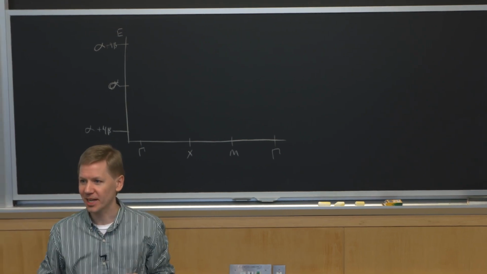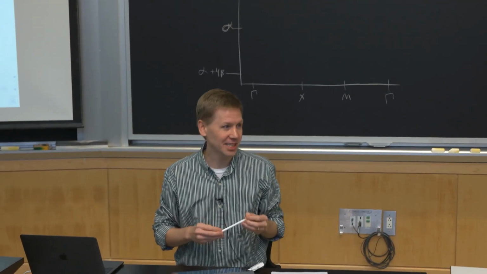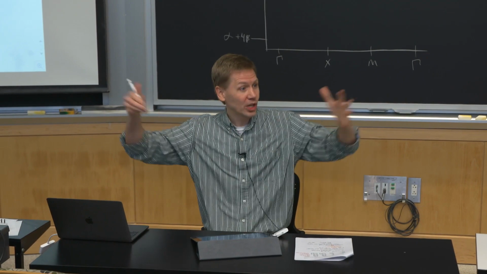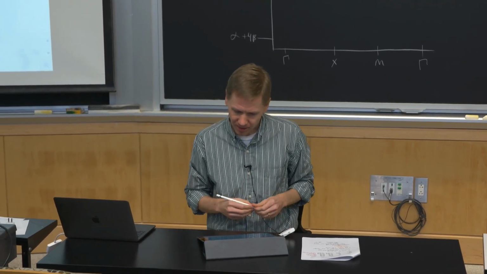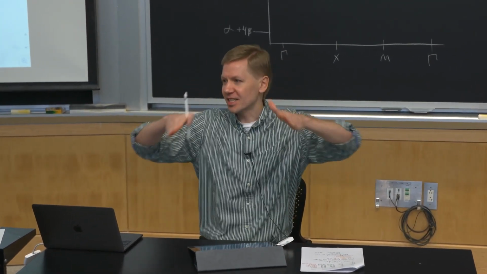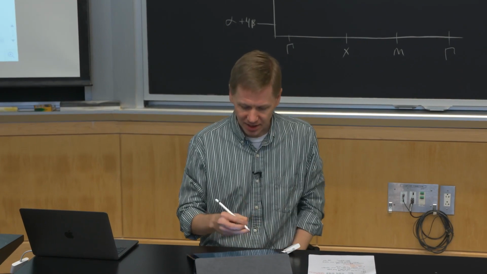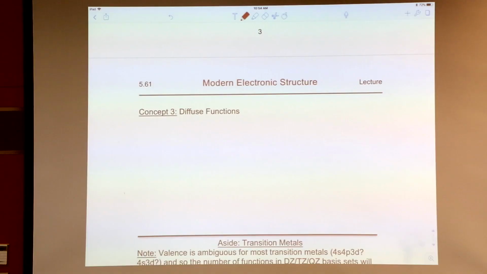Bob is one of the world experts in Rydberg states, where electrons spread out a really significant amount. Gaussian functions that decay quickly don't describe those well, and so you have to add a Gaussian with a small value of alpha. It's mostly useful for anions, so you add these in order to describe anions better.